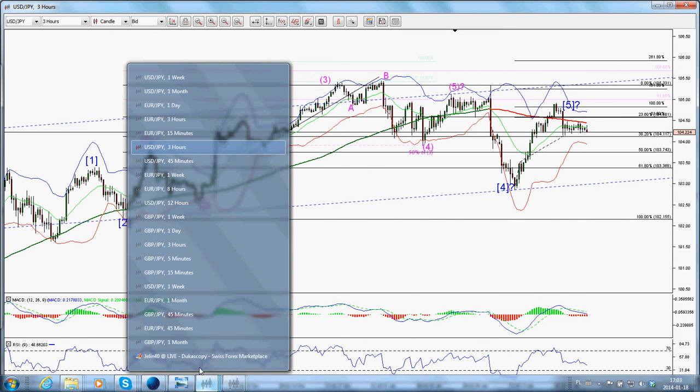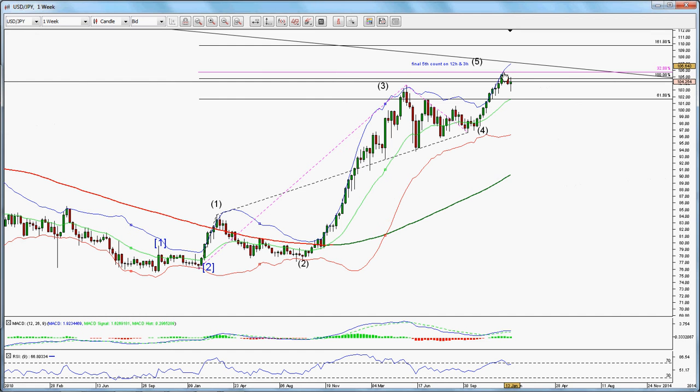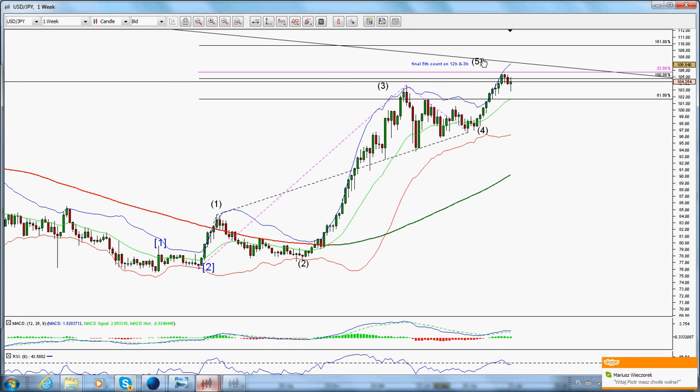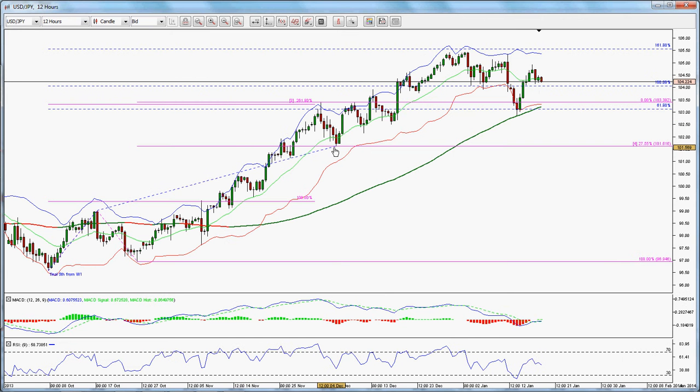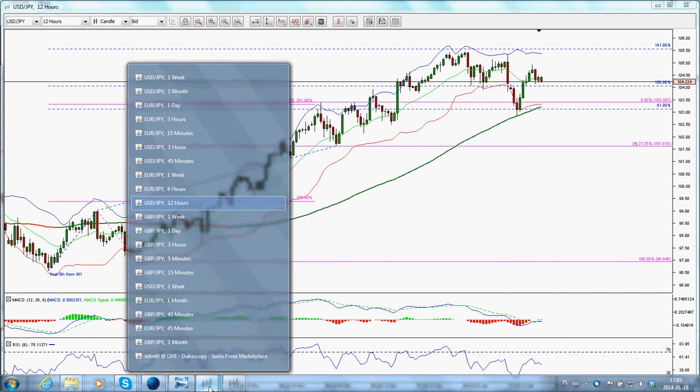So this is what's happening on the USD Japanese yen. That could mean that the market will complete this fifth wave. The fifth may reach 161.8 times the wave 1, and this is around 105.60.